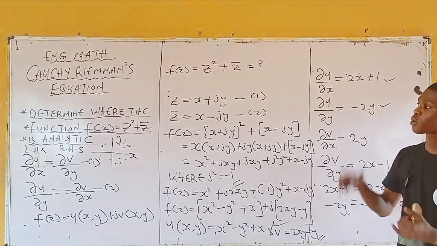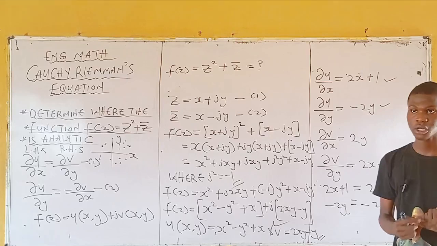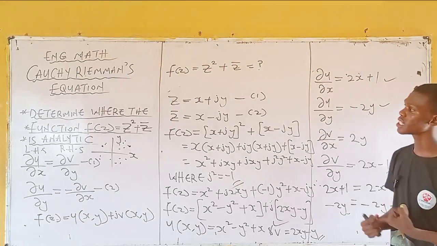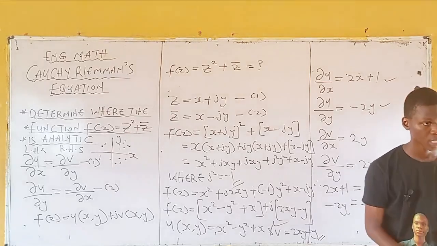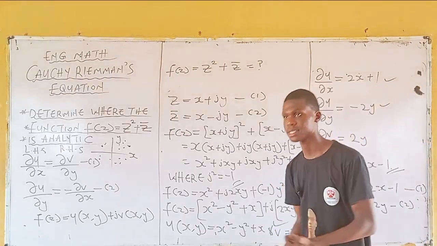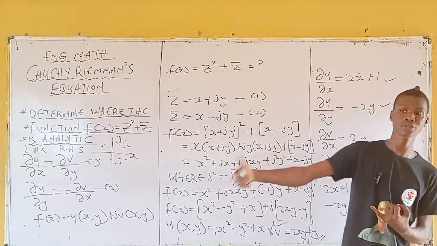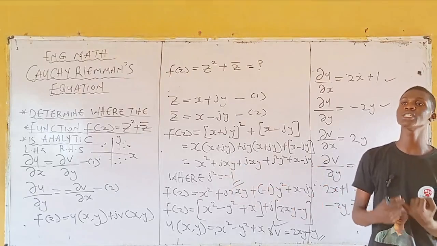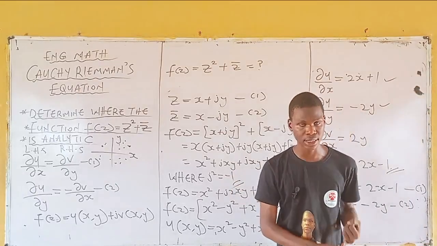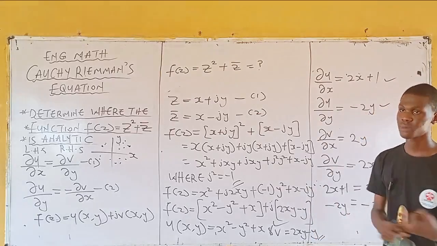So far we've understood Cauchy Riemann's equation. We've seen that Cauchy Riemann equation is a test. When we say that it is a test, what are we testing? We are testing the differentiability of a complex function, not just any function, but a complex function. We've discussed all we need to know about Cauchy Riemann's equation.